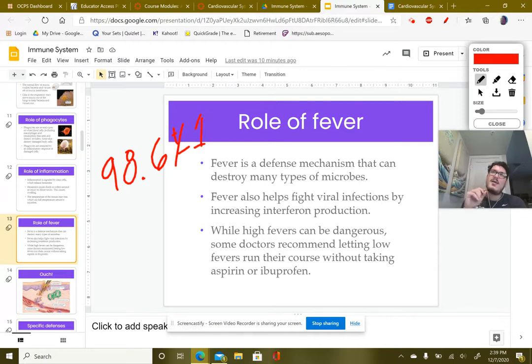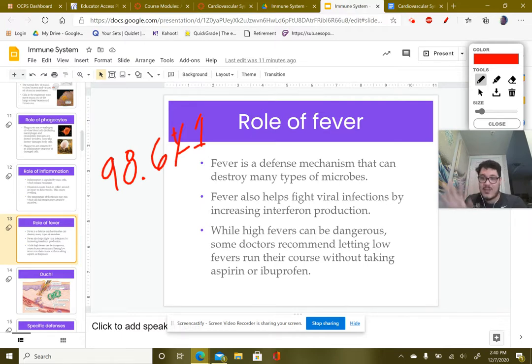Because unfortunately, yes, the body will kick off a fever, but some viruses and bacteria are very efficient and they will adapt to that higher heat. So then your body's like, okay, it's at 101 and the virus is still existing or the bacteria is still living. Let's turn up the heat more and see how you like it. And sometimes those bacteria and viruses can still survive. So now you're looking at 102, 103, 104, 105. And once those temperatures spike, the problem is your internal organs are now not functioning that well.